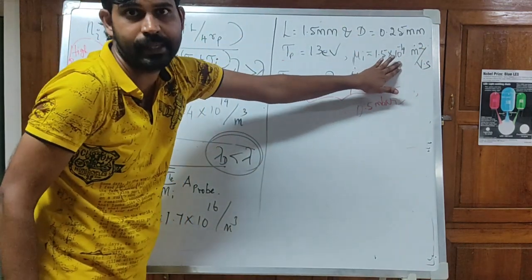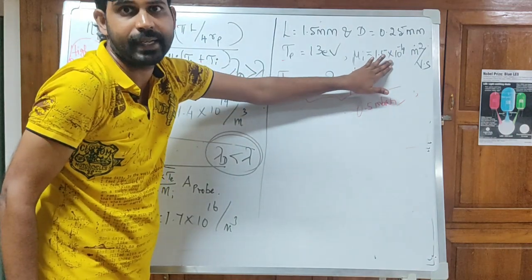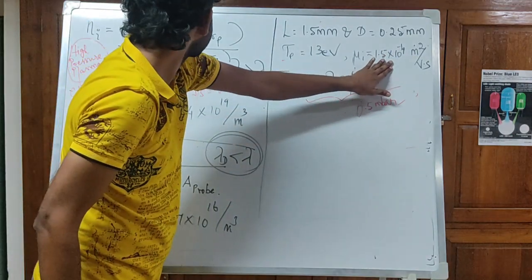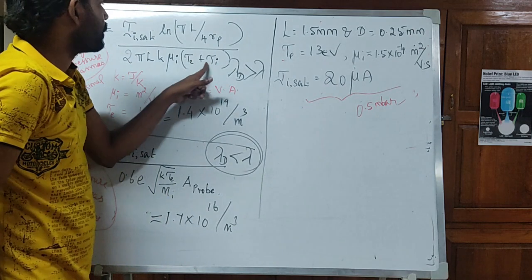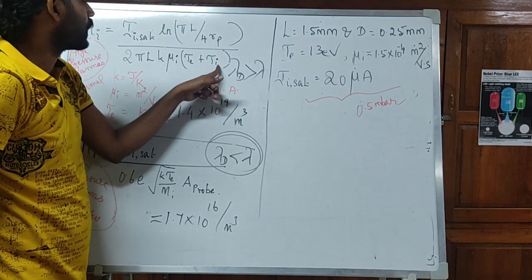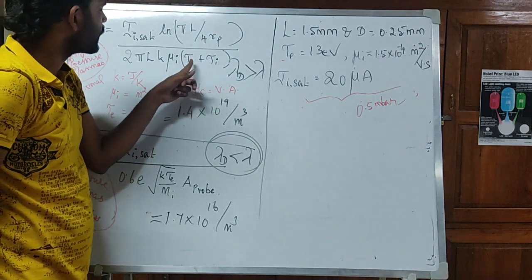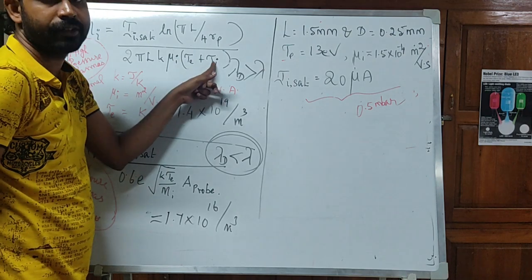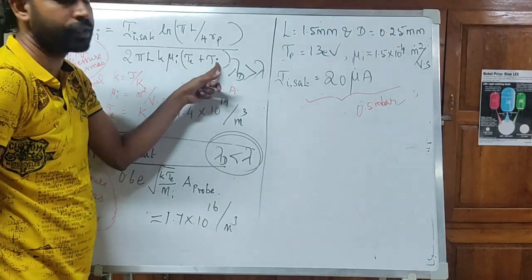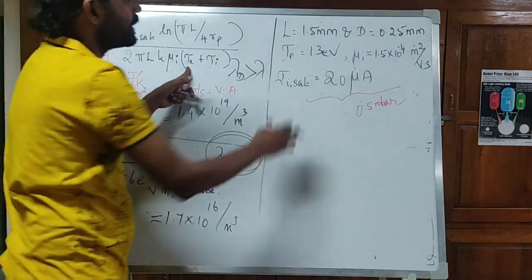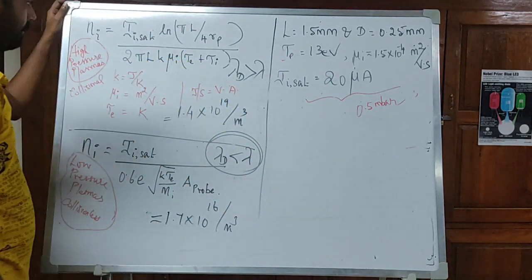It's an experimental result, the mobility of argon ion in argon. And Te plus Ti: for non-equilibrium plasmas, we can assume Te is very large compared to Ti, so Te plus Ti can be assumed to be Te, and Te is taken to be 13 eV.